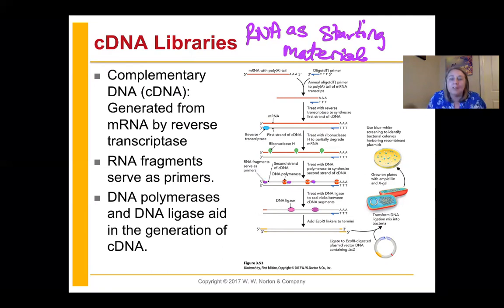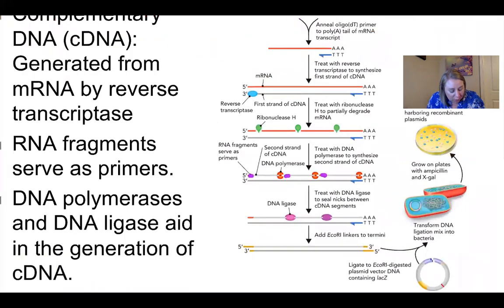We have fragments of RNA, and those fragments of RNA act like primers, and those primers can then be used to create the original strand of DNA, right? Then we have basically one complementary strand, and then we have pieces of DNA, and then we have to go in and use DNA ligase to ligate those gaps.